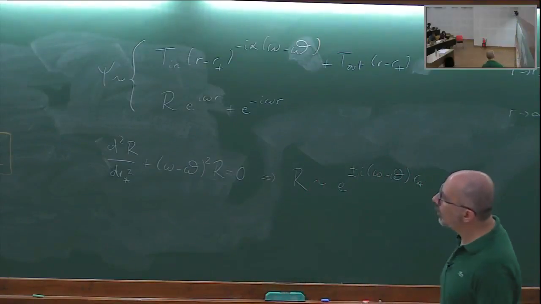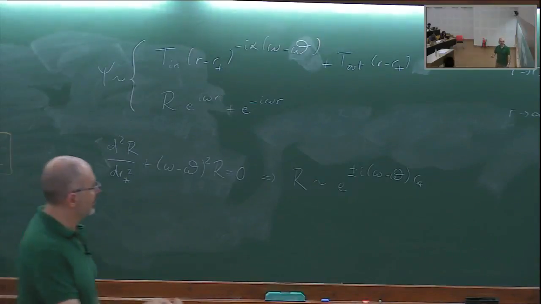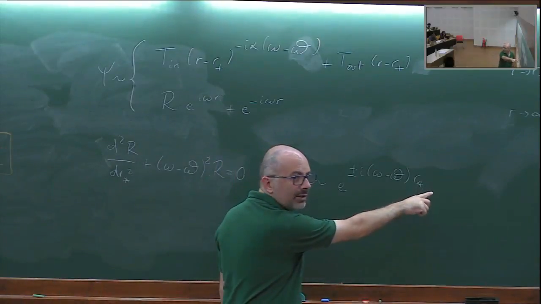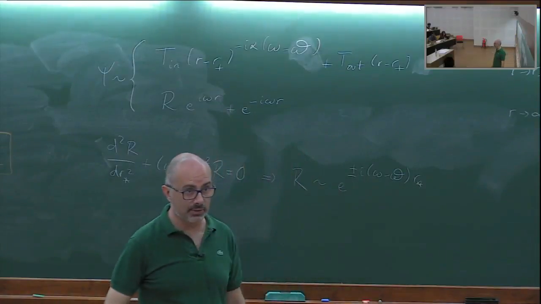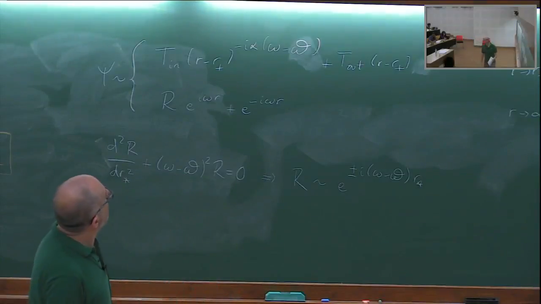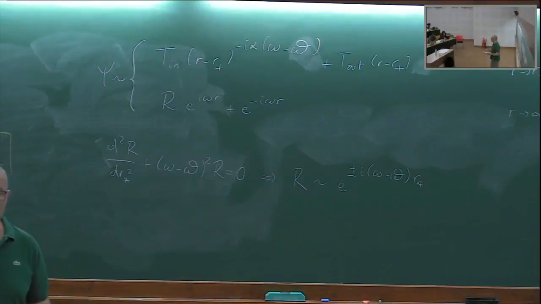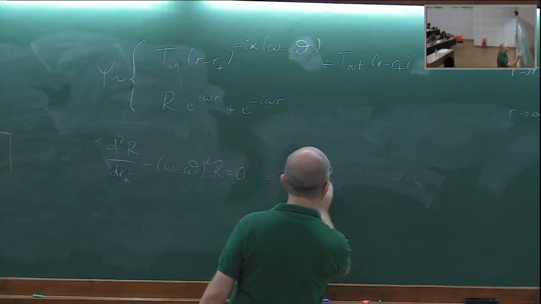But r star goes, I wrote it here, like some real constant that I don't bother what it is, I called it alpha, times log of r minus r plus when I'm close to the horizon. So alpha log will give me r minus r plus to the plus minus i alpha, okay? Is it clear? So these are the two boundary conditions. Now, what you can do is exactly the same thing we did yesterday.